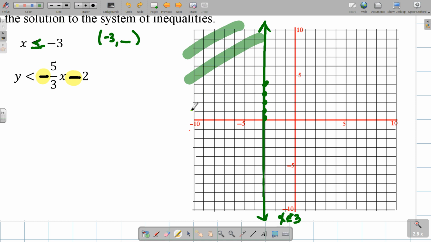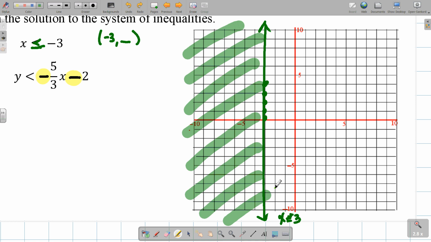Whenever you have a greater than or less than sign, at some point you're going to be shading. So what I just shaded was technically x is less than -3. That's the shading. And the solid line represents x equals -3.